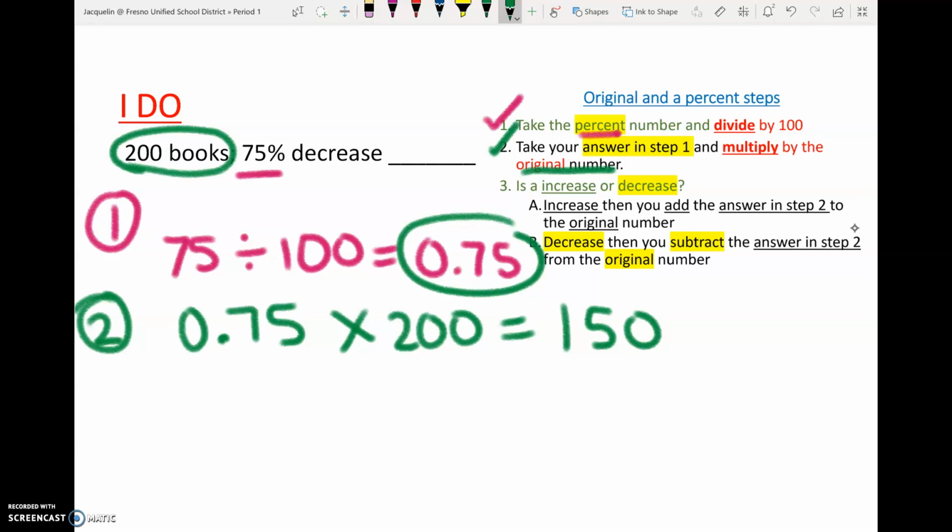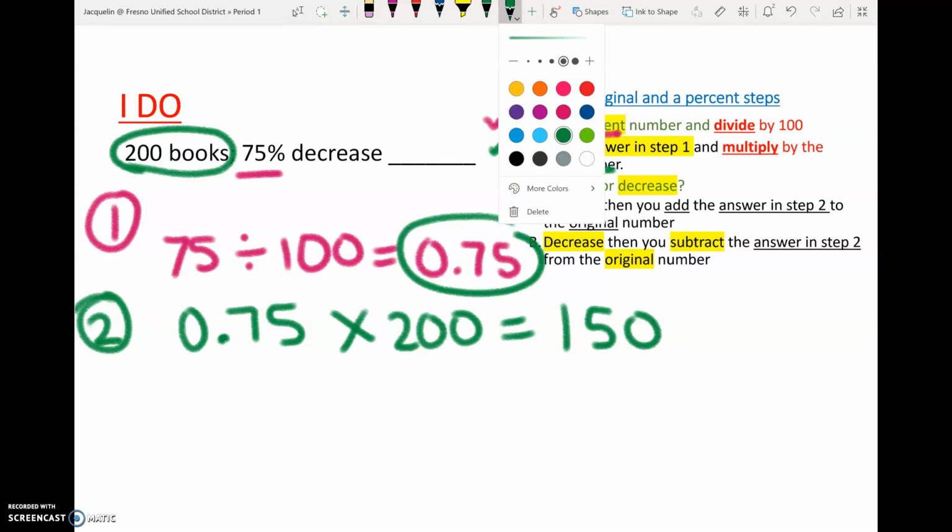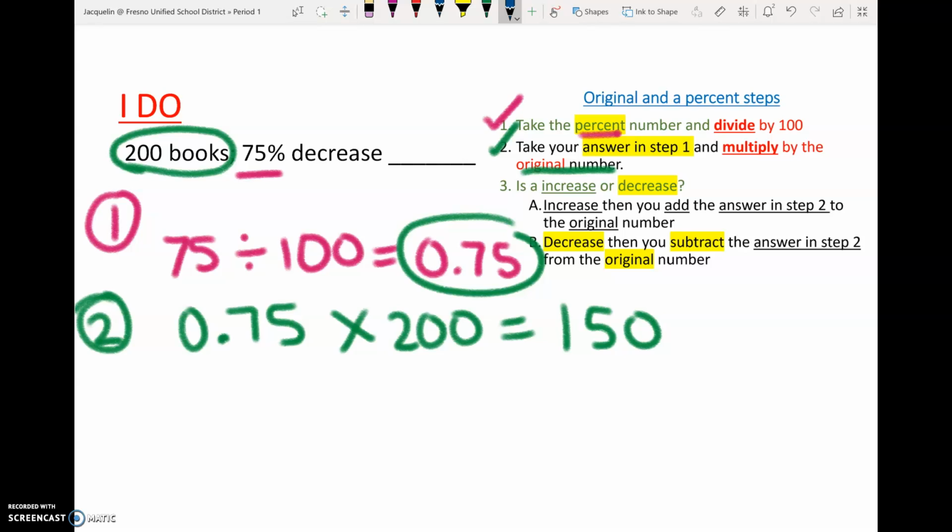Now, step 2 is done, and I'm going to ask myself in step 3, is it an increase or a decrease? Take a look. This word here tells you that it is a decrease, so we are going to go with part B. If it's a decrease, then you subtract the answer in step 2 from the original number.